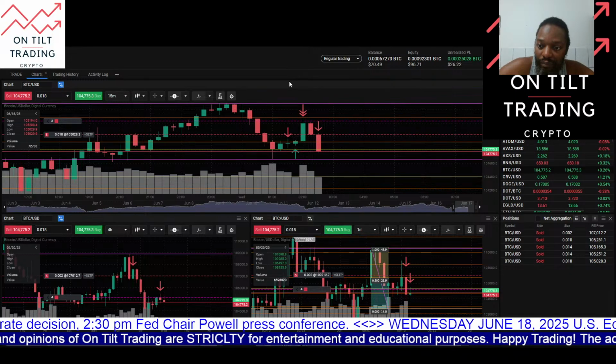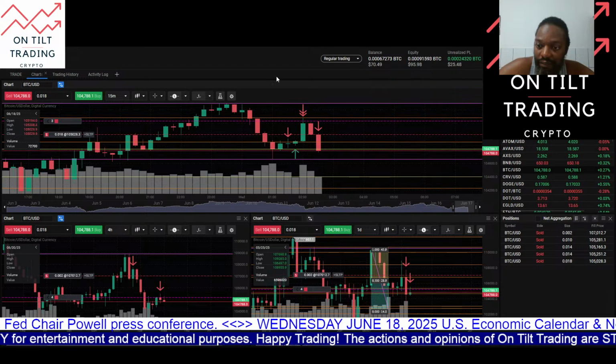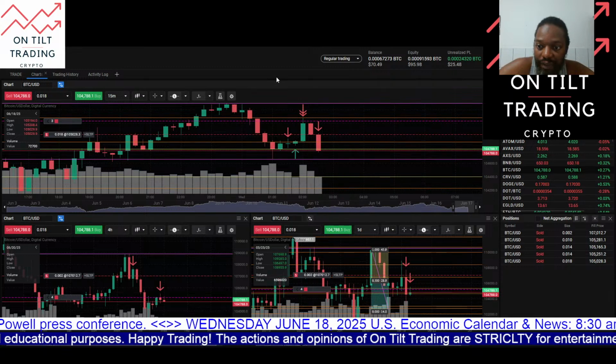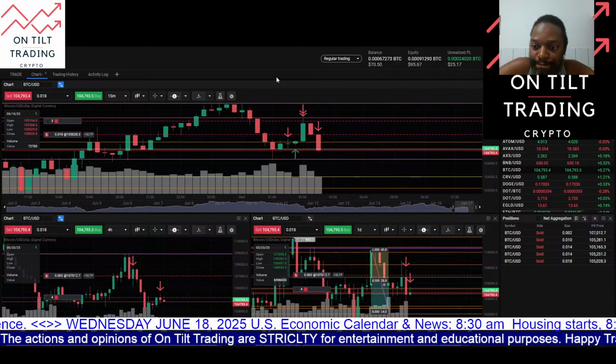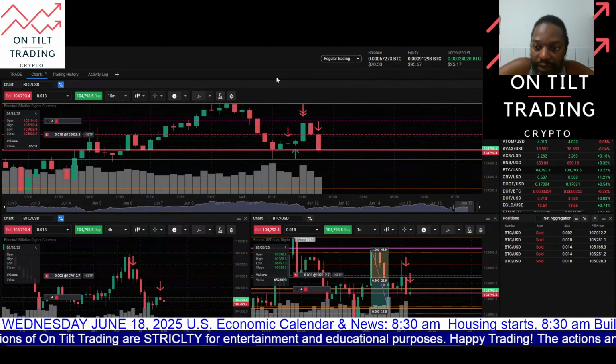Seems that price may want to test the 104.750 level, but may have rejected off of that at the 104.760. Or let's say reacted.